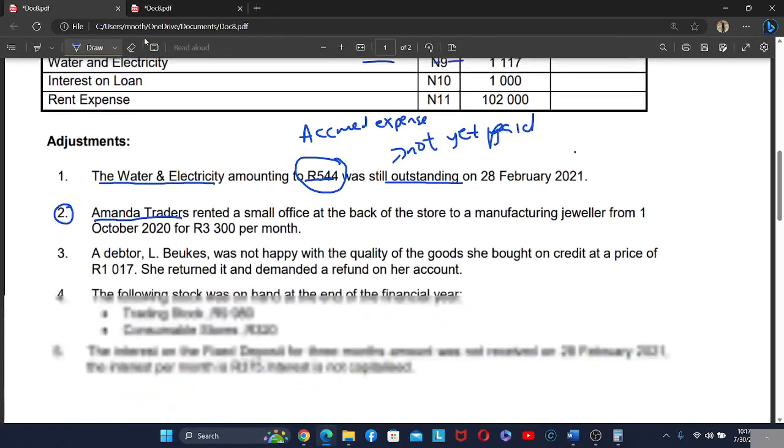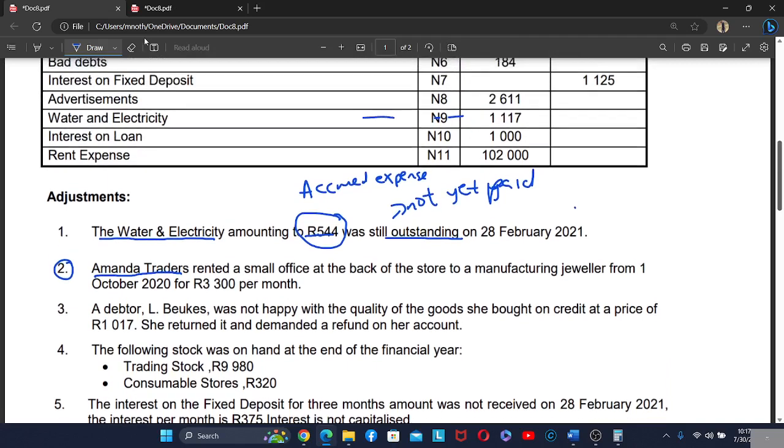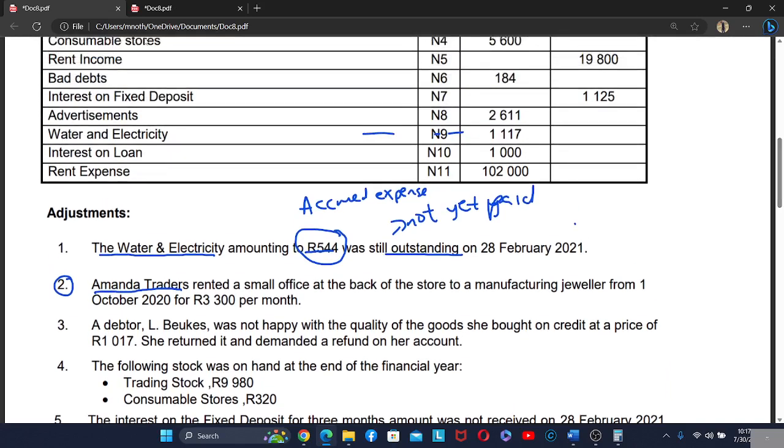Okay, let's continue. Number 3. A debtor L was not happy with the quality of goods she bought on credit at the price of 1,017. She returned it and demanded a refund on her account. Now, when a debtor is returning the goods, 4 accounts are affected.